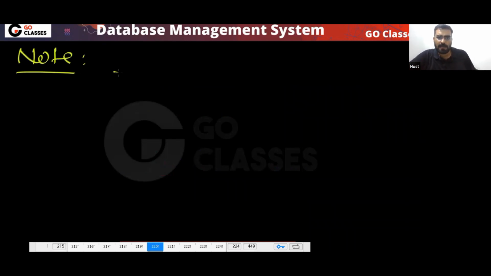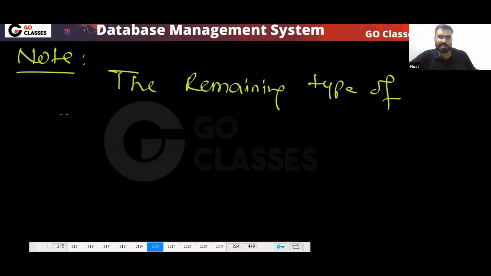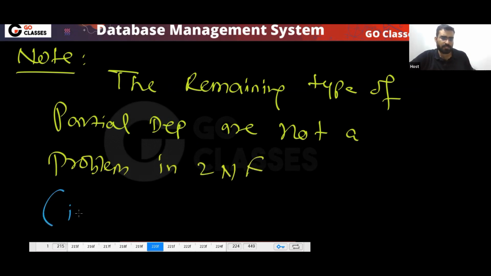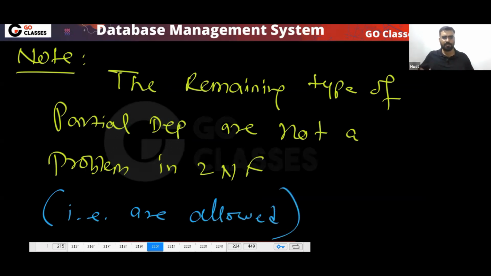Is this clear? The remaining types of partial dependencies are allowed, they are not a problem in 2NF.